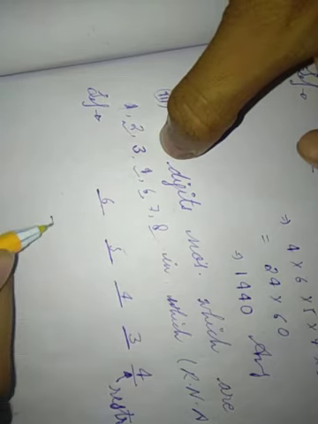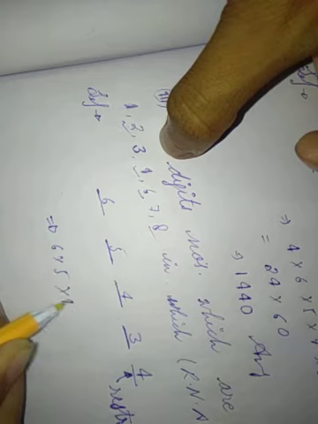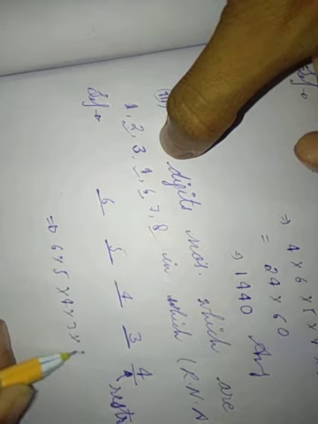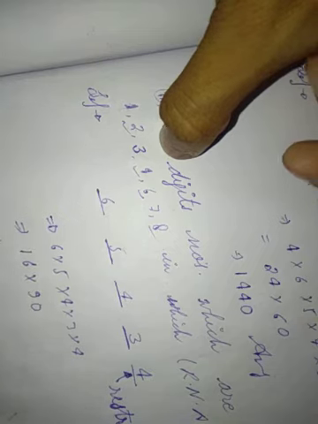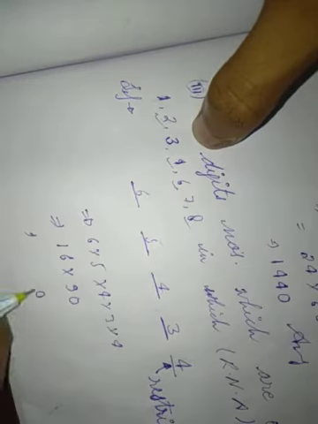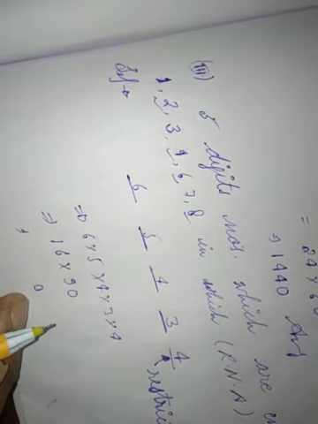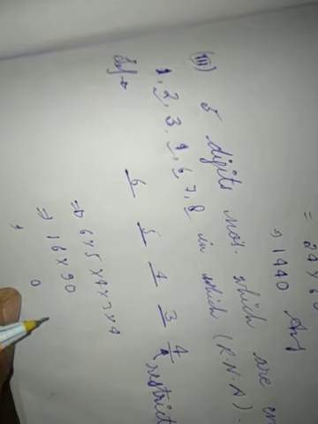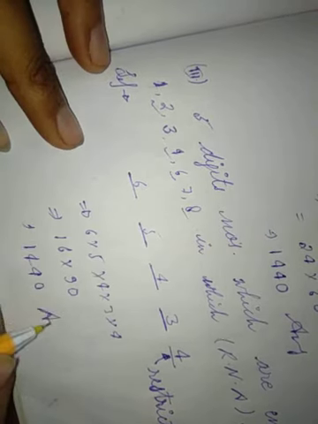Multiply 6 into 5 into 4 into 3 into 4. This is our answer: 1440.